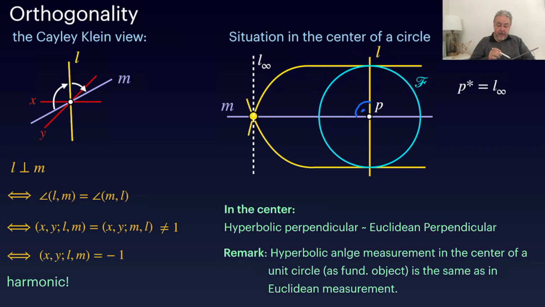They will be complex in that case, but taking the tangents means taking the joins to the intersection of this line with the fundamental object.